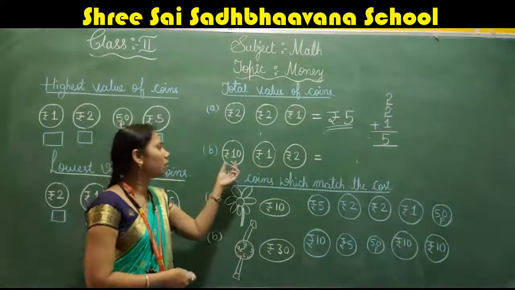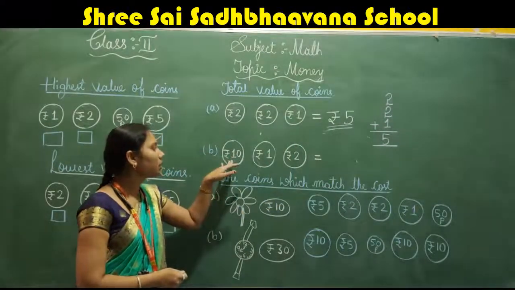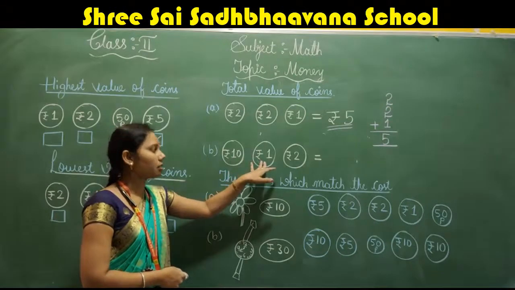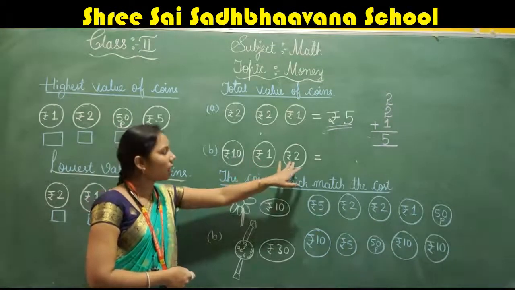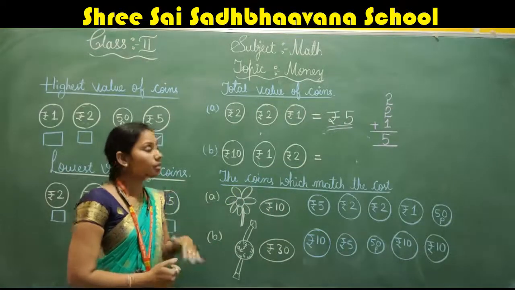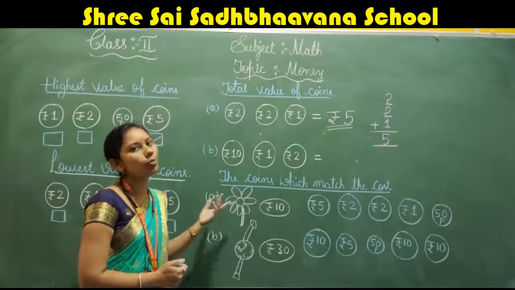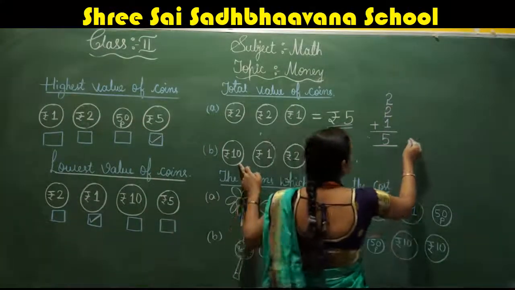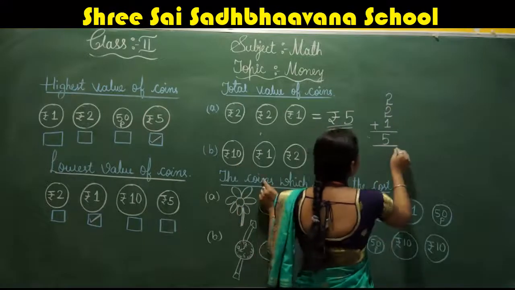Okay, next one more. We can see the coin of 10 rupees. Then we can see the coin of 1 rupee and the coin of 2 rupees. So what do we want to do now? We want to add these coins. First is 10 rupees.